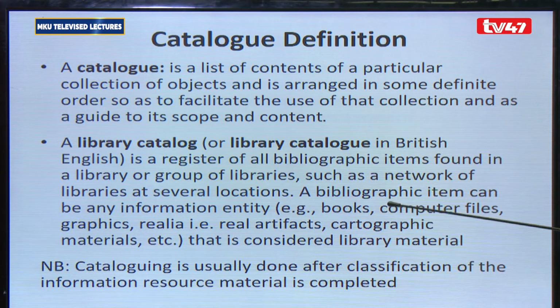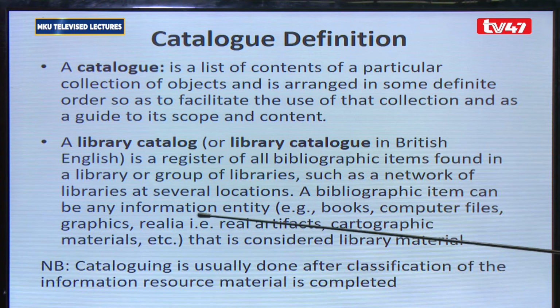A bibliographic item can be any information entity. For example, books, computer files, graphics, realia, that is, real artifacts, cartographic materials, and so on. That is considered library material. Note that cataloging is usually done after classification has been completed, not the other way around.